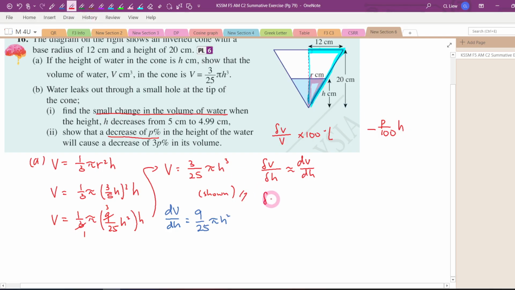So delta V, if you want to write the equal sign is actually okay. Here I will use this symbol, but if you want to use the equal sign, is okay. So dV/dh will be this one, 9 over 25 pi h squared, times delta h, and delta h is given by the question, decrease of p%.